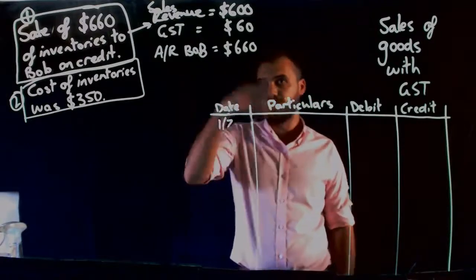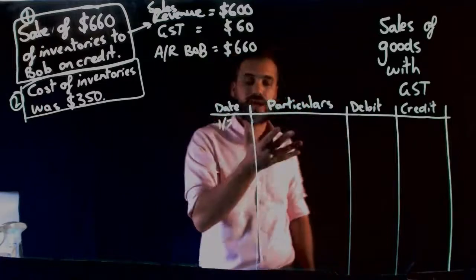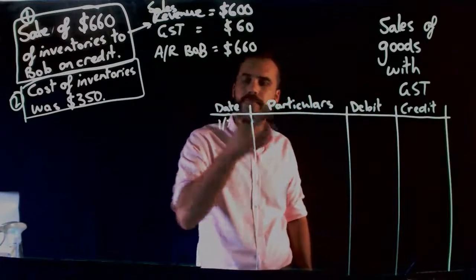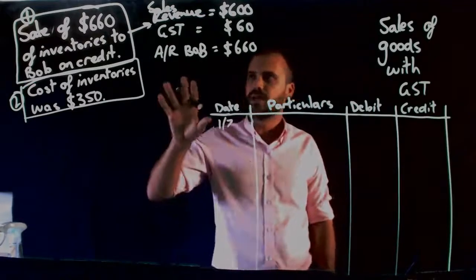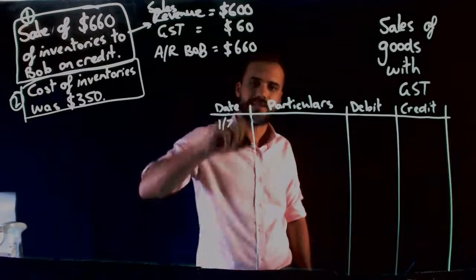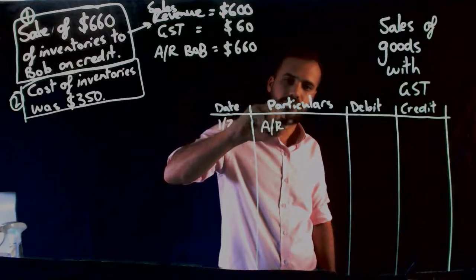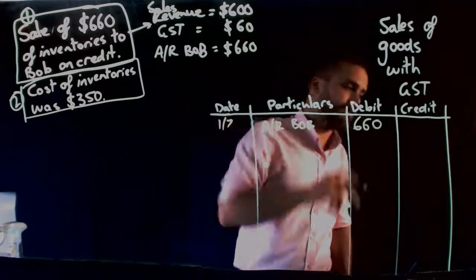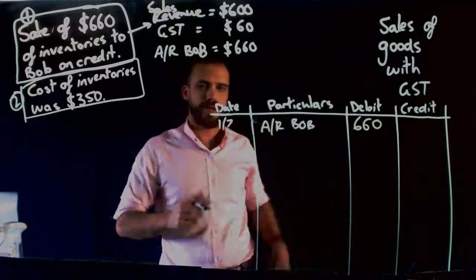Now, it should be fairly easy here to figure out how that fits into our general journal. Now, accounts receivable, Bob, that's an asset. $660. At some point in the future, Bob's got to pay us that.